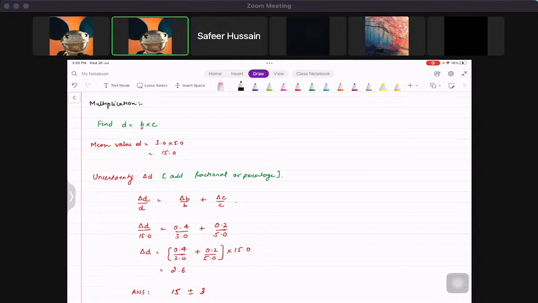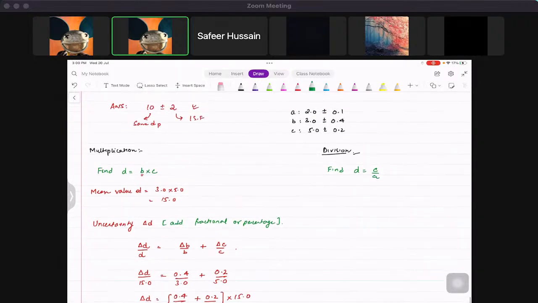Okay, now let's look at division. So suppose now they say find D equals C upon A. So now the mean value of D would be C is 5.0 and A is 2.